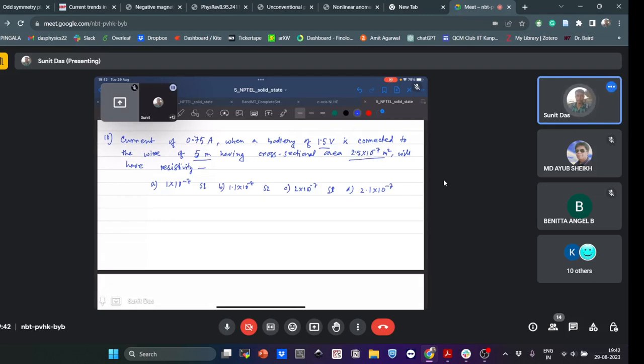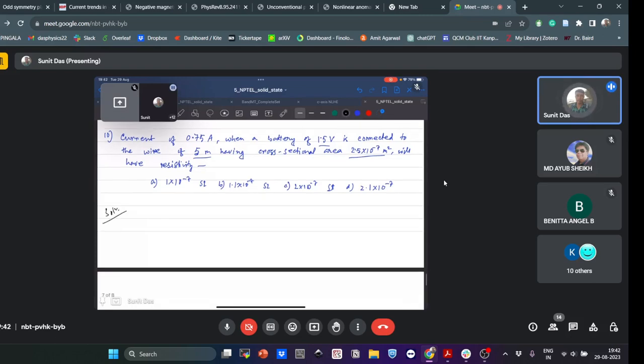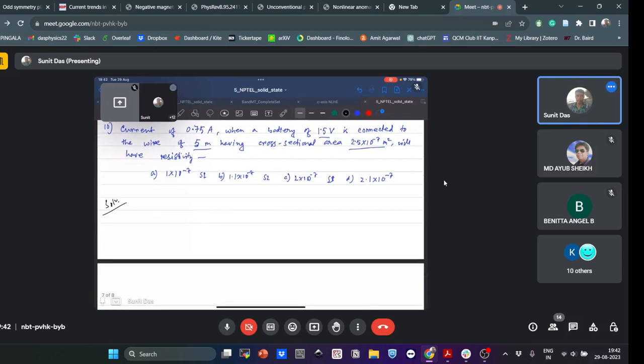We need to find the resistivity. So the formula that we already talked about: V equals IR, and R is the resistivity times length of the wire by cross sectional area. So we need to find rho. Try to find it out.